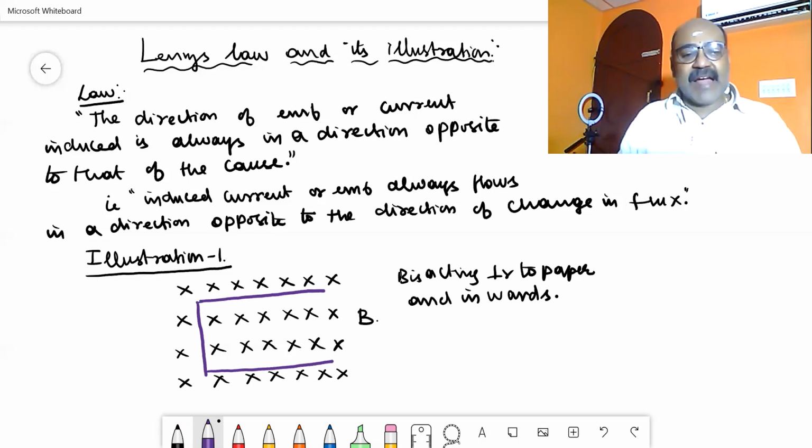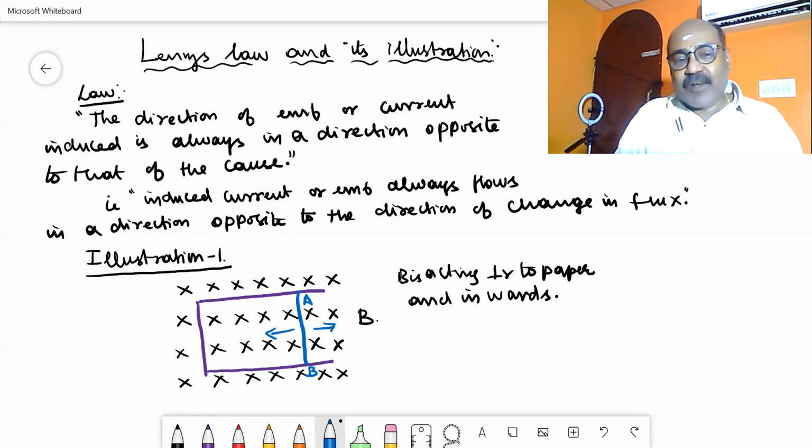In this rectangular frame, I have the closing end represented as AB. This closing end AB can slide over this rectangular frame either inwards or outwards.